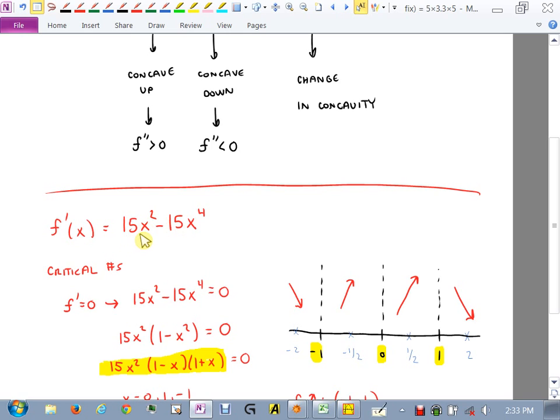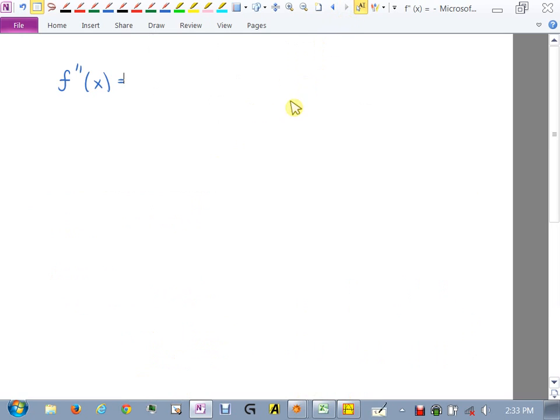30x minus 60x cubed. Then I find the critical numbers of this.